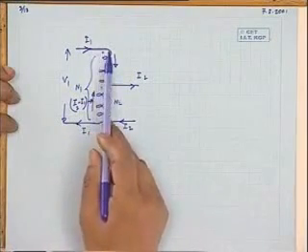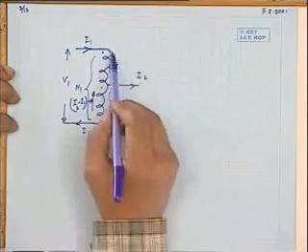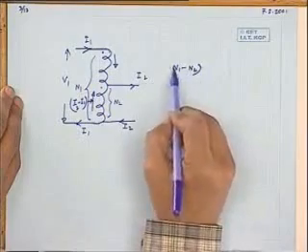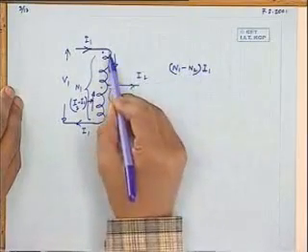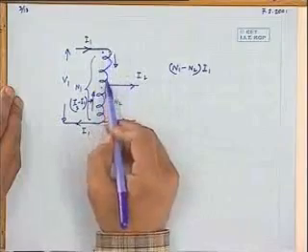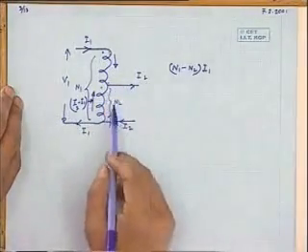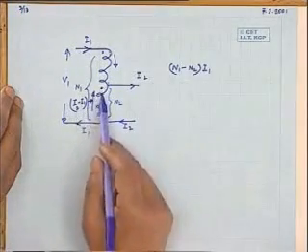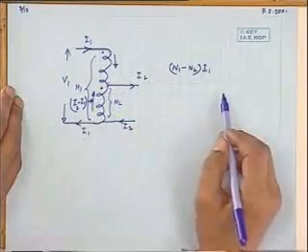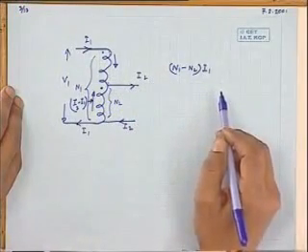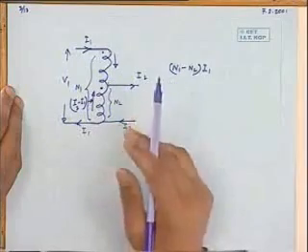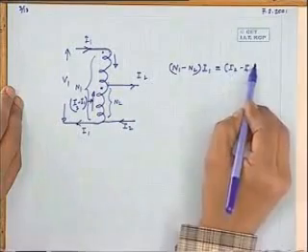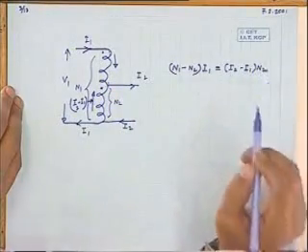But the direction of the flux produced by the upper portion will, let us assume, be in the upward direction, that is N1 minus N2 into I1 is the MMF produced by this portion, because number of turns here is N1 minus N2, and MMF produced by the lower portion, the current leaves from the dot, this I2 minus I1 will be in the opposite direction, such that the net MMF acting is the no load MMF, whatever was acting. So these two things must be constant, I2 minus I1 into N2.